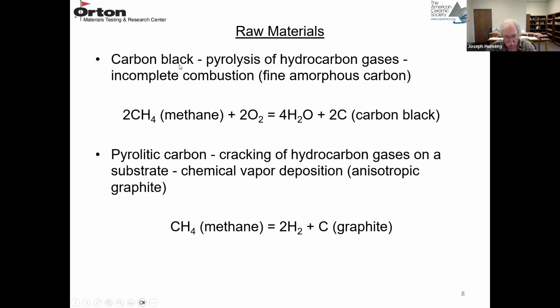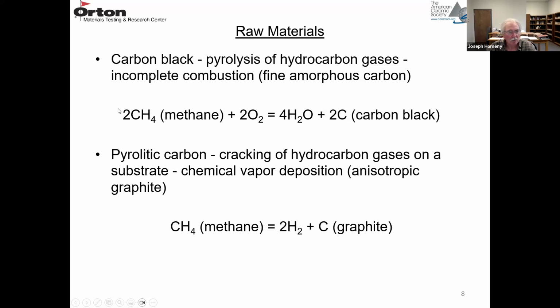Carbon black is another raw material sometimes used in refractories, maybe in a castable, maybe in a composite refractory. Carbon black is made from pyrolysis of hydrocarbon gases. Pyrolysis is just incomplete combustion, and you end up with a fine amorphous carbon.